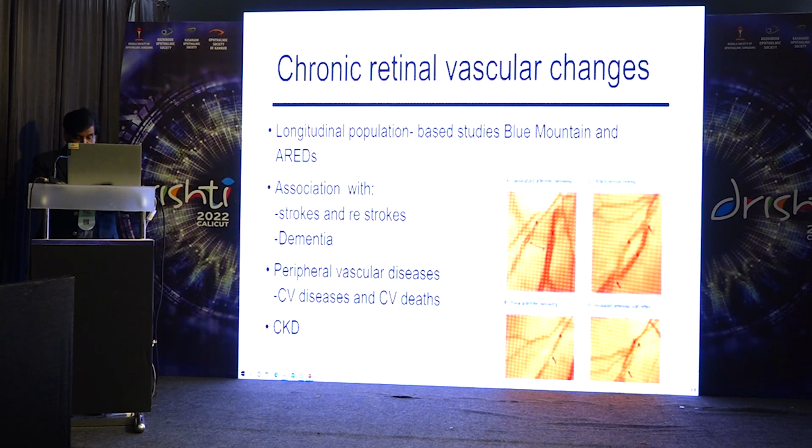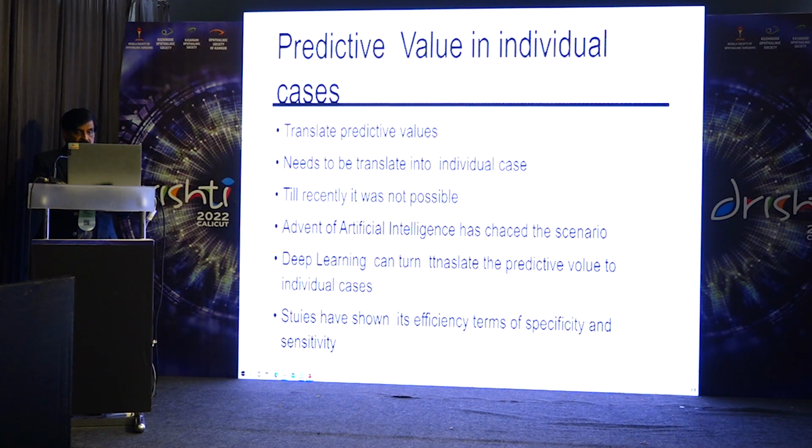So how to know which one is going to have which complication? There have been longitudinal studies which show these things can occur. But when you have a case with this presentation, how do we know that in that particular case, which complication is going to occur?